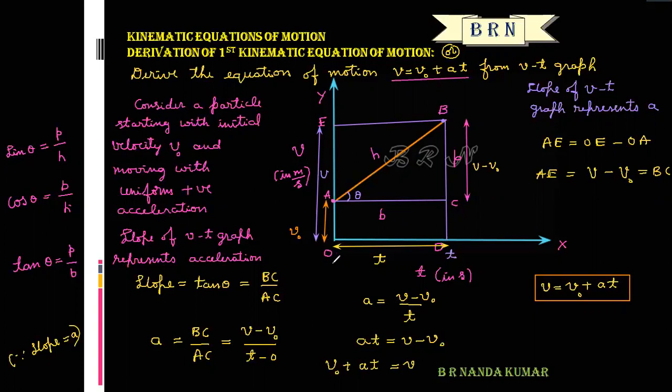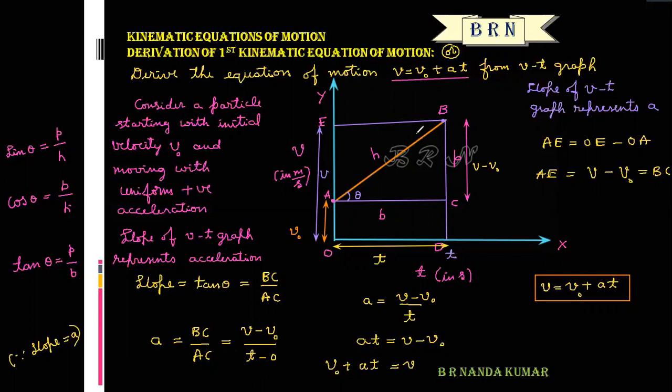Okay. So the initial time is 0. The final time is t. T minus 0 is the change in time. Okay. So V minus V naught is the change in velocity. The ratio of change in velocity to the change in time gives acceleration.